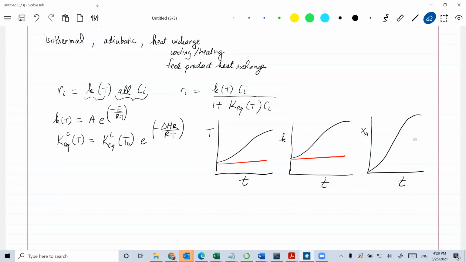Actually, I made a mistake. That was badly drawn. I'm going to draw it again. That would be your adiabatic, and this would be your isothermal. Yeah, it makes a very, very big difference when you run things with heat, when heat comes in.